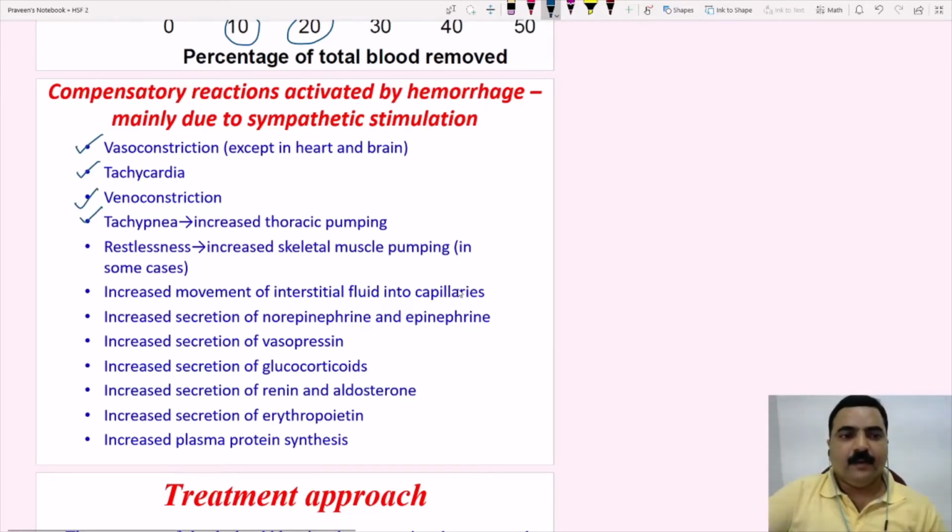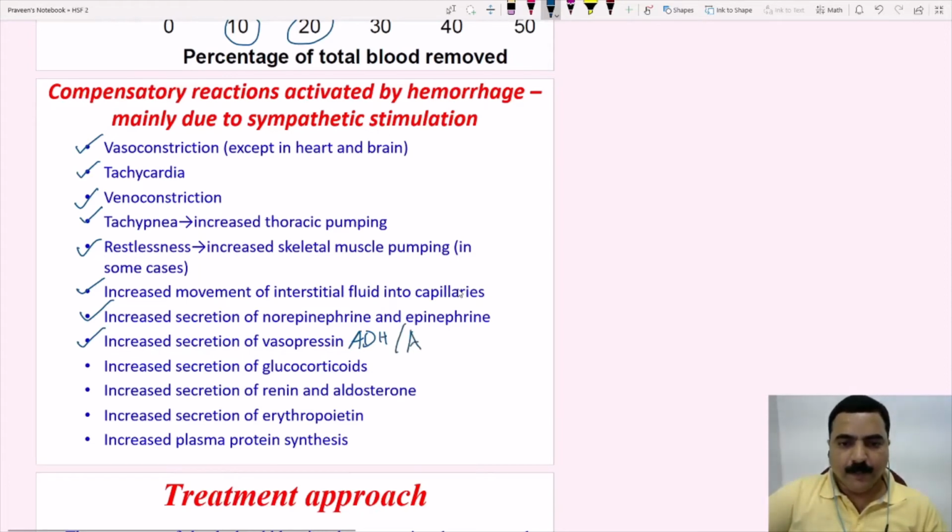Restlessness and skeletal muscle pumping will happen, which helps maintain the venous return. Also increased movement of the interstitial fluid into the capillaries so that the blood volume can be maintained. Increased secretion of norepinephrine and epinephrine from the adrenal medulla. Increased secretion of ADH, vasopressin.